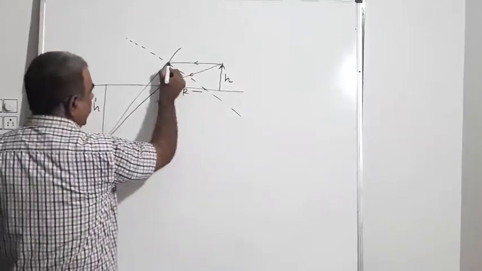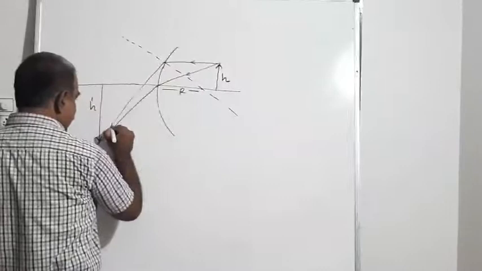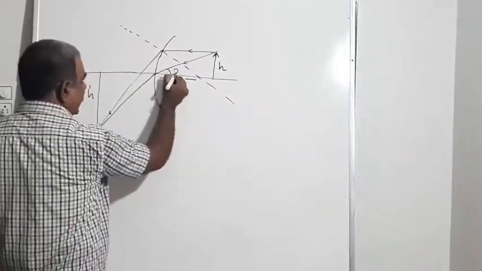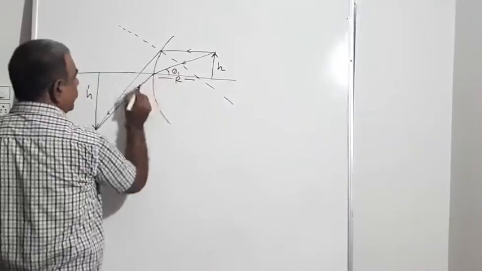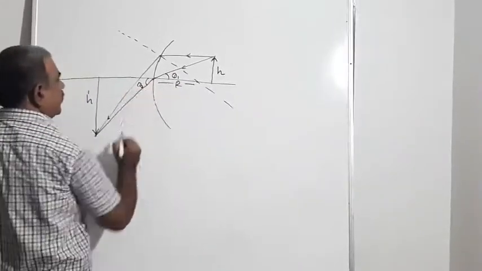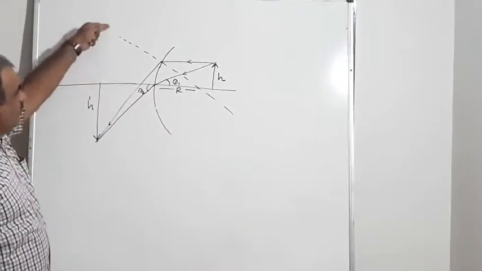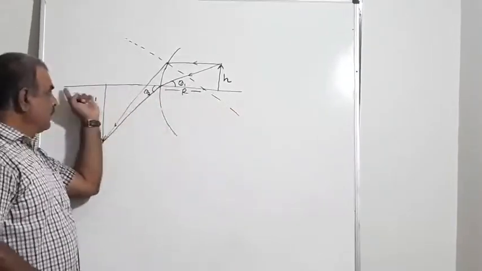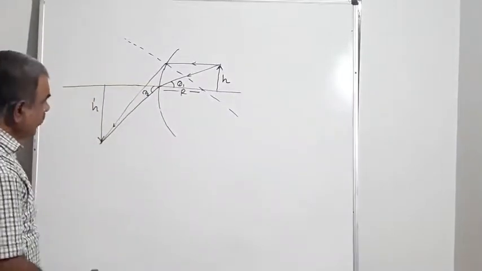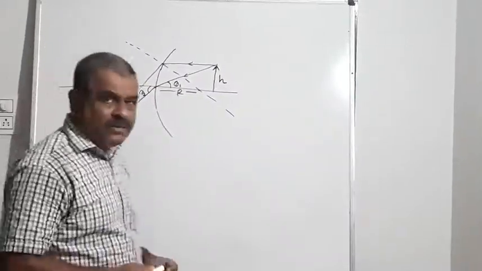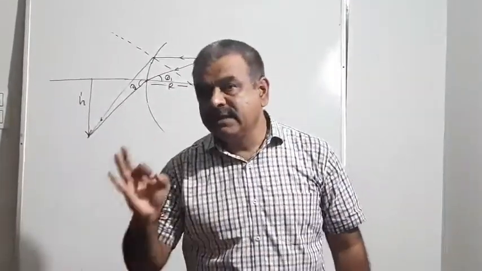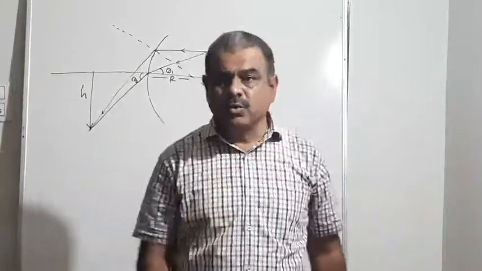This light ray parallel to the principal axis is refracting, and this light ray which is incident at angle theta 1 is getting refracted at angle theta 2. All the angles we have to make with respect to the normal. This is the normal over here. The principal axis is always normal to the surface. So what is the lateral magnification produced by the image in case of refraction through a curved surface?